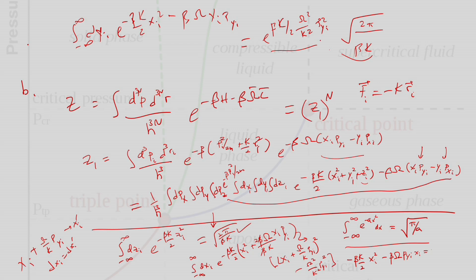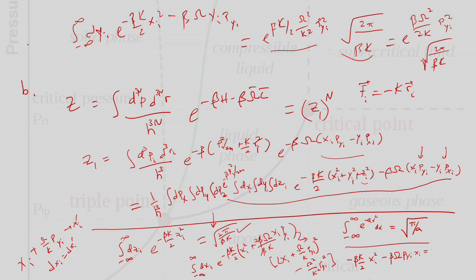So, for the x integration we got a pxi squared, and for the y integration we are going to get a pyi squared. Okay. So, I am going to use that. So, this is going to look like e raised to beta omega squared over 2 kappa pyi squared times square root of 2 pi over beta kappa.